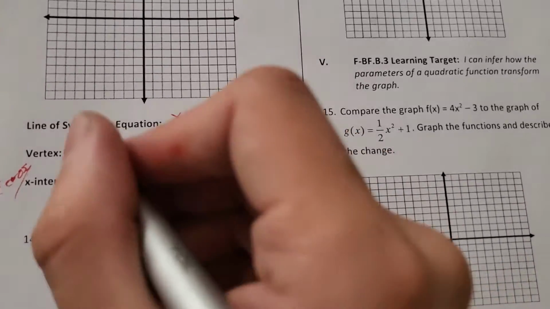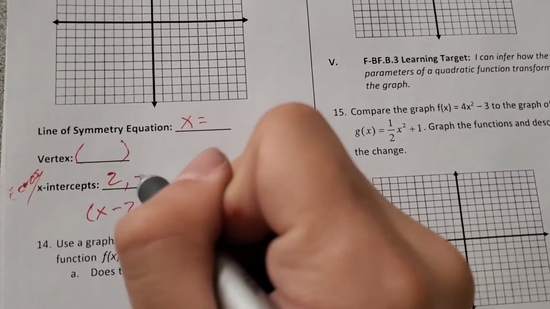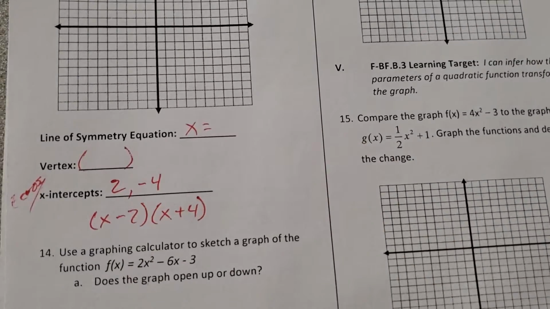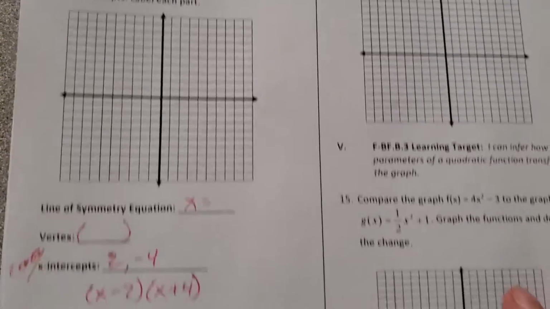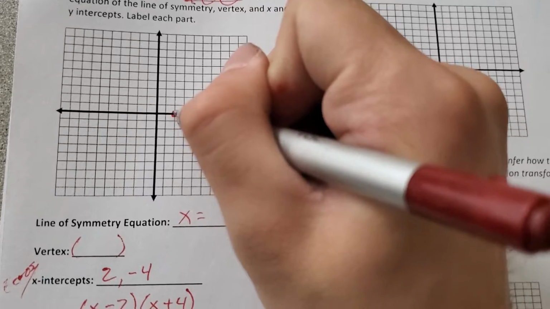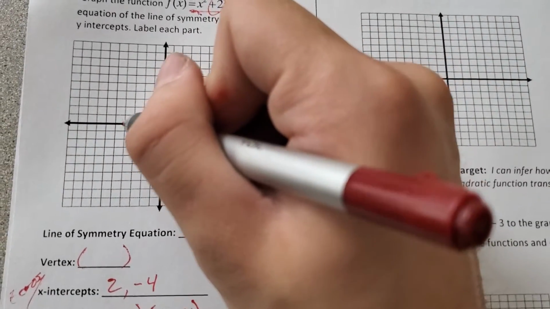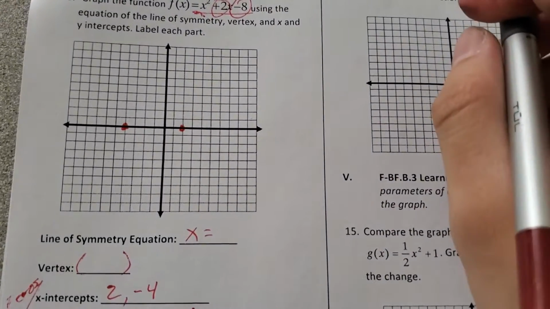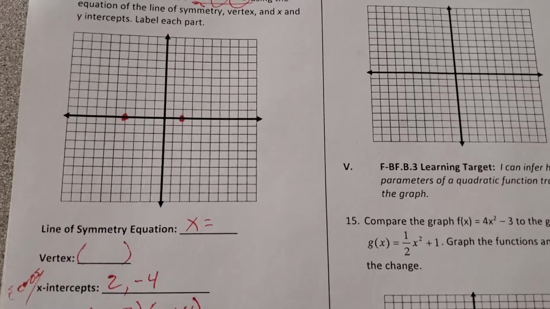My x-intercepts will be at +2 and at -4. That means that when graphing it, I'm going to have points at +2 and at -4. My graph has to go through these points.